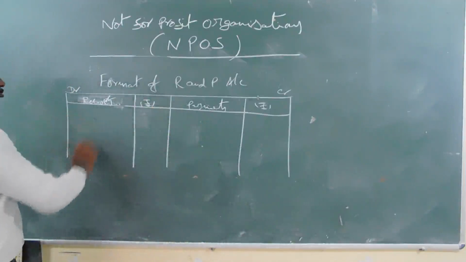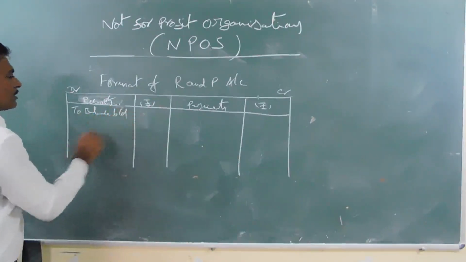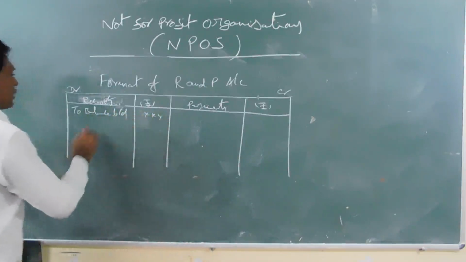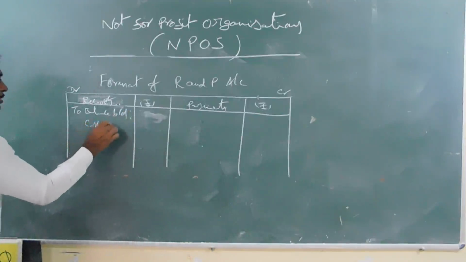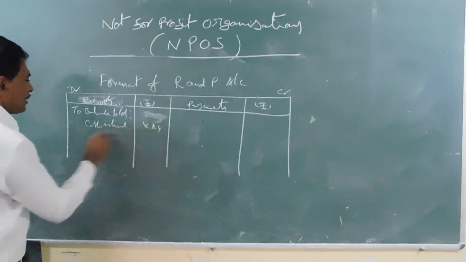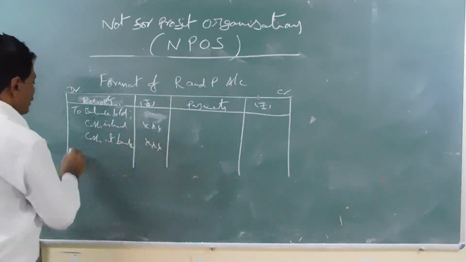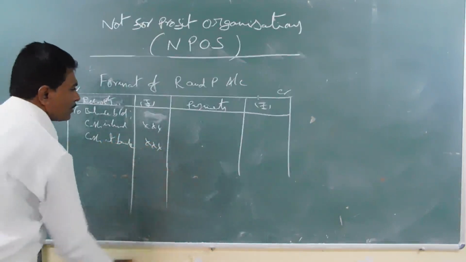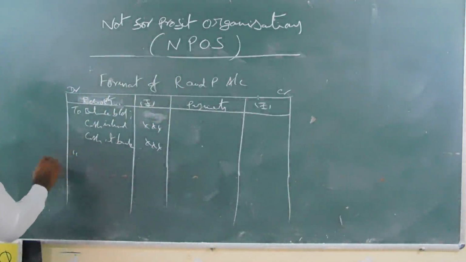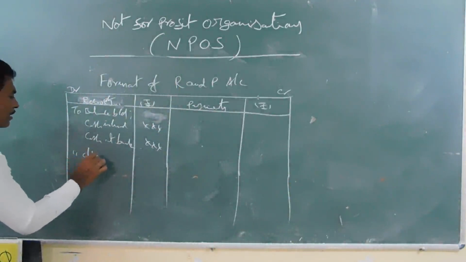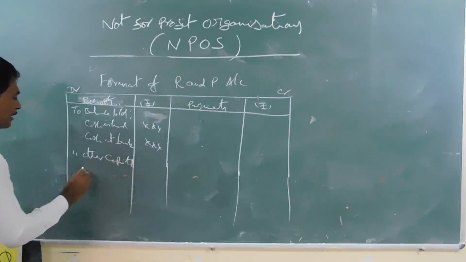It starts with the opening balance. To balance brought down: cash in hand, cash at bank. Similarly, other cash, other capital and revenue receipts.